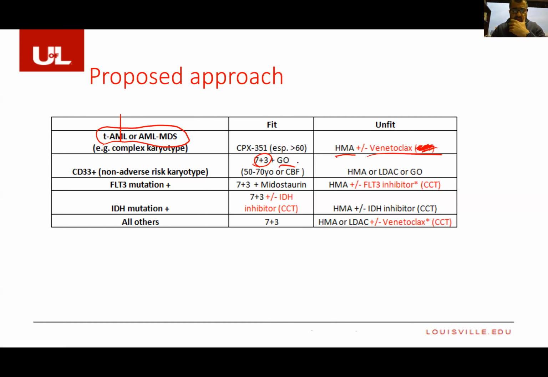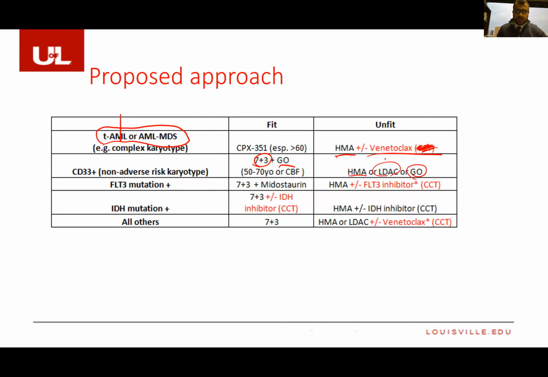We use gemtuzumab ozogamicin plus 7+3 in those situations if you want. However, in unfit, then it's a tough situation. As always, you can use hypomethylators. As I mentioned, my restrictions on the low-dose RC, or you can just use gemtuzumab ozogamicin on its own.